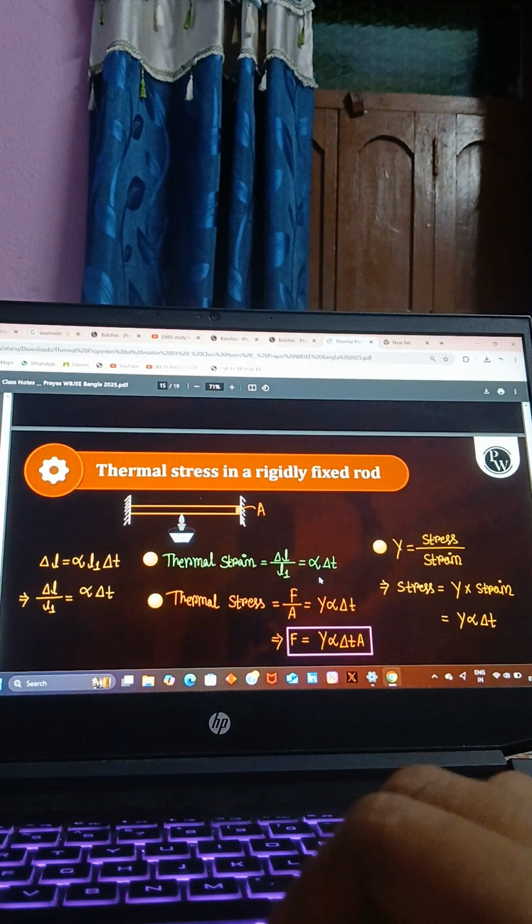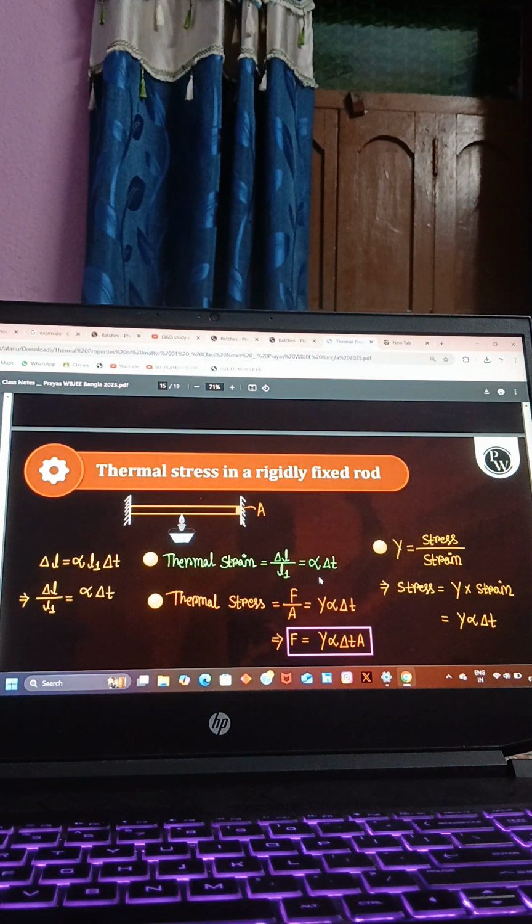Let's move to the next point. Thermal stress in a rigidly fixed rod.